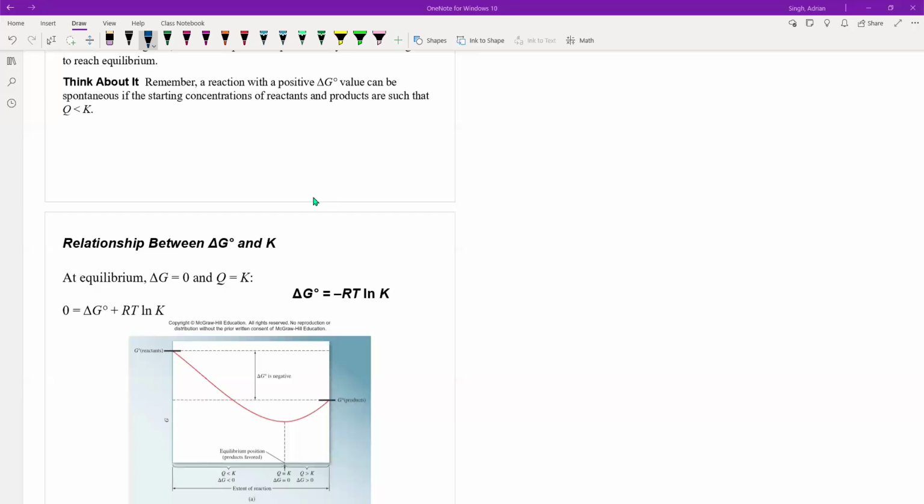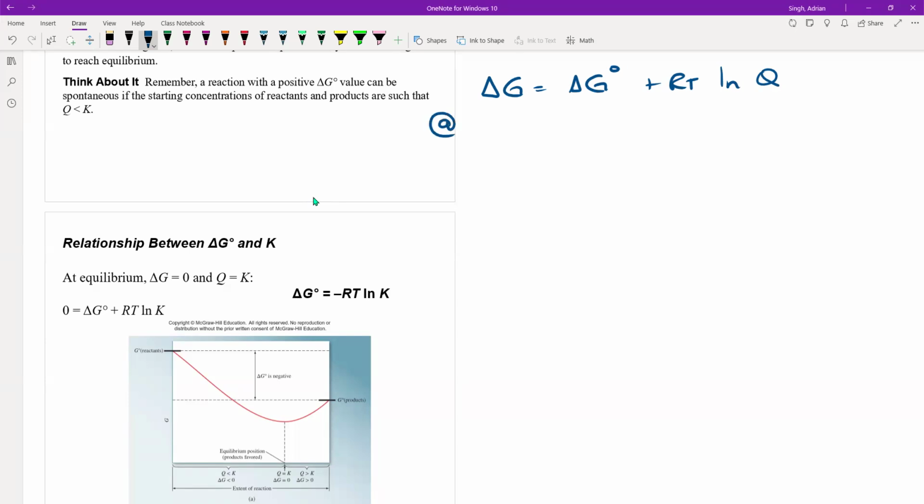So we've seen how to calculate delta G under non-standard conditions by using our equation. So we have delta G is equal to delta G naught plus RT natural log of the reaction quotient Q. What we're going to do now is take a look at a situation where we have equilibrium.